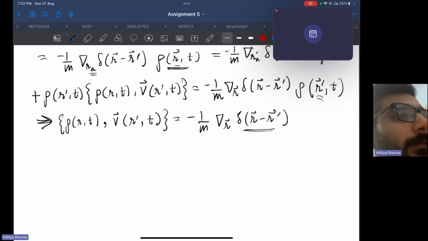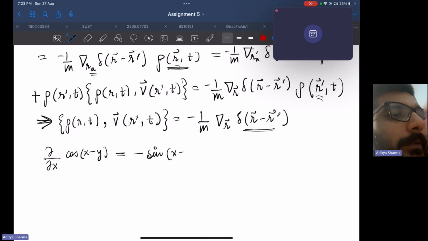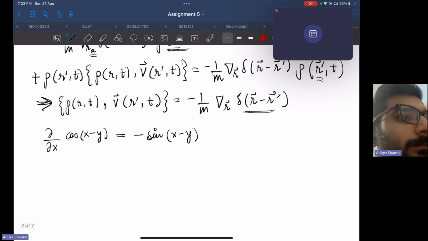So let's just verify this. dx cos(x minus y) minus (x minus y), and then dy is x minus y.